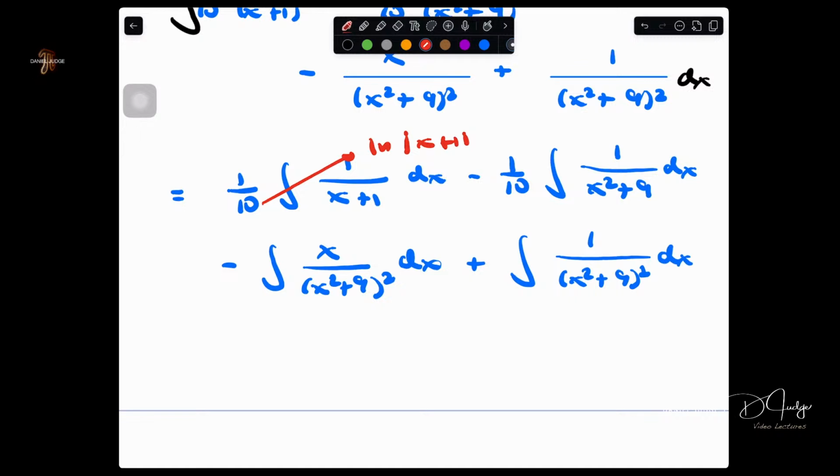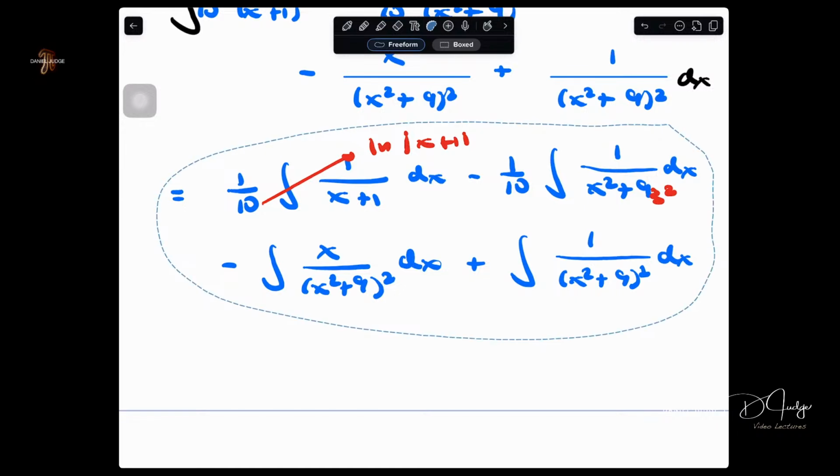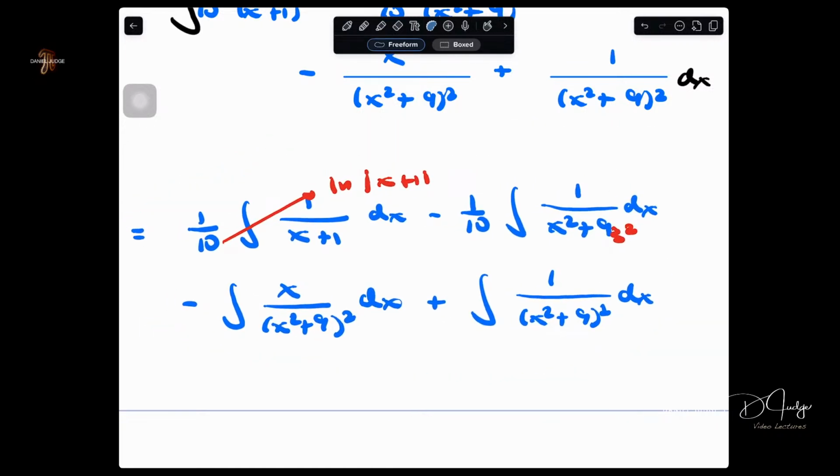And this would be 3 squared, is that right? So, if you can recall, let me try to find some space for this. Let's make space. It's inverse tangent? 1/3 inverse tangent x over 3.